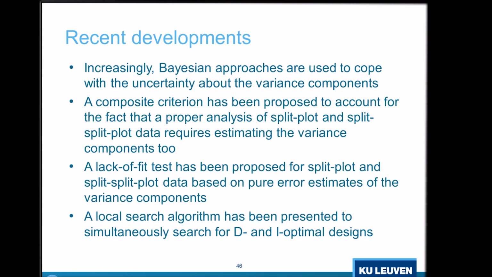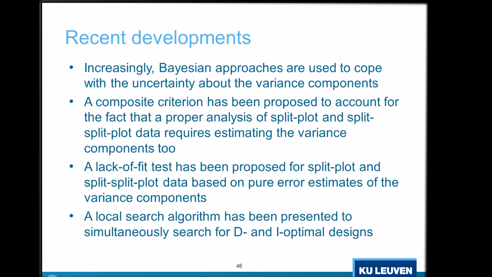I'm still convinced that that works well in practice, but given that the computational power has gone up quite a bit since 2007, I think the neater way to handle this would be to use a Bayesian approach. And indeed, in recent articles, that Bayesian approach has been used in split plot and split-split plot contexts.